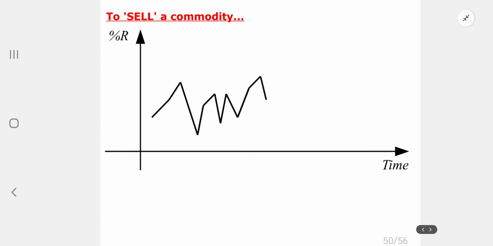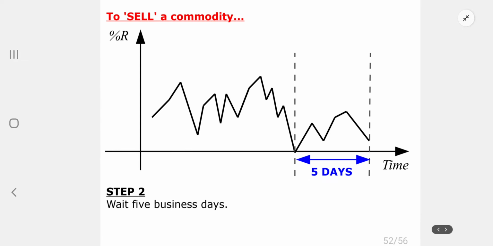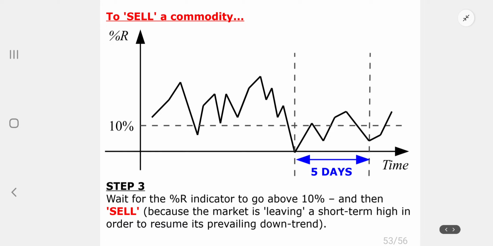To sell a commodity, step 1. Whilst in a downtrend, wait for the percentage R indicator to reach 0%, i.e., the market is making a short-term high. Step 2. Wait 5 business days. Step 3.